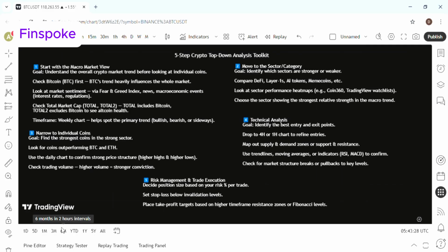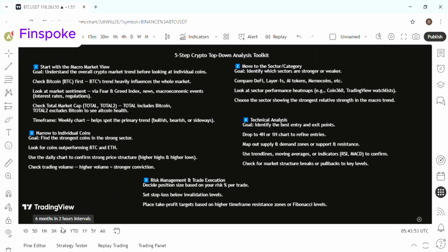So you go to your TradingView, look at the BTC trend because it influences the market as a whole. Look at the sentiments using the fear and greed index, the news, and the macroeconomic events like interest rates and regulations. All these things affect the market.